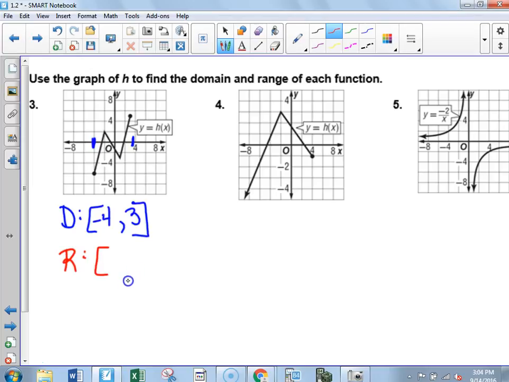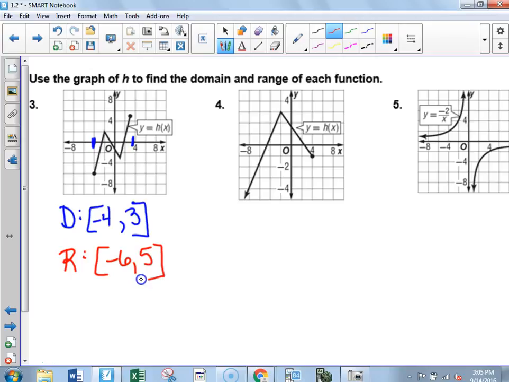Bottom to top. Watch the scale. Square bracket? Okay. I'm going to call on somebody else to tell me if he's right. Kirsten, what do you think? She says yes. Anybody disagree?